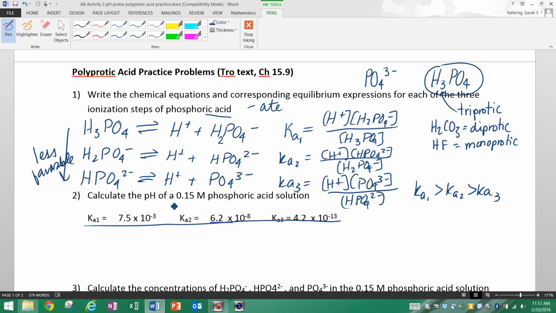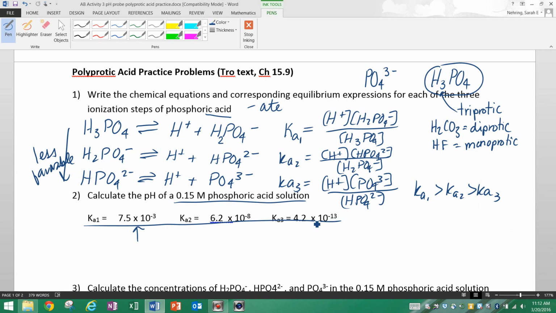So when we are finding the pH of a polyprotic acid, we usually just use this first ionization, and we assume that the second and third ionizations are very small relative to the initial, so they contribute an insignificant amount of hydrogen ions.